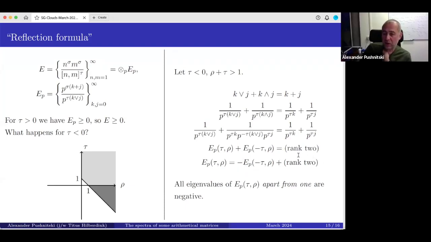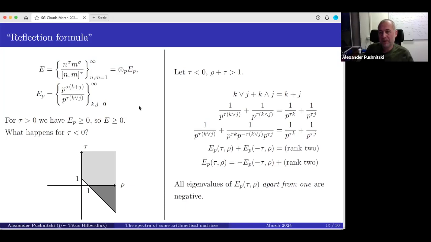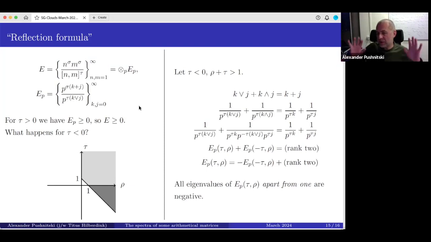So the story is like this: you have one positive eigenvalue, which is going to be close to one, and then one negative eigenvalue, which will be like p to the minus rho plus tau. Then when you start multiplying them, you see this pattern. As far as I am aware, it's not exact. Of course, there may be something else that we're missing, some underlying exact symmetric structure, but I very much doubt it. It seems that we see what's going on.